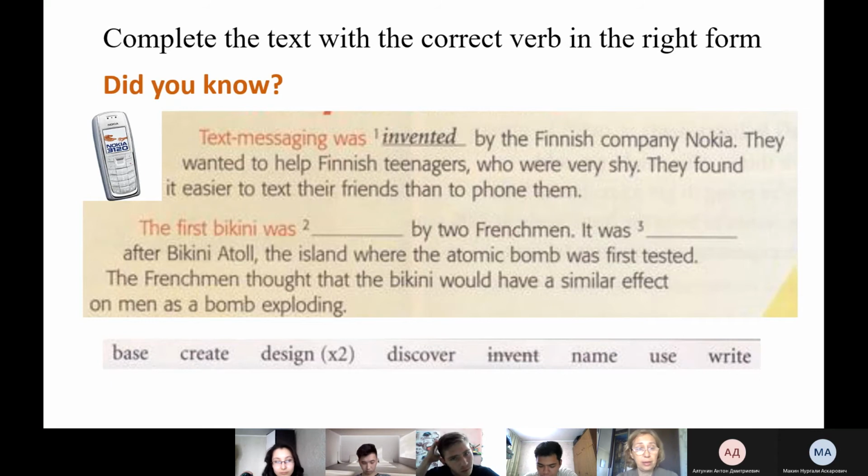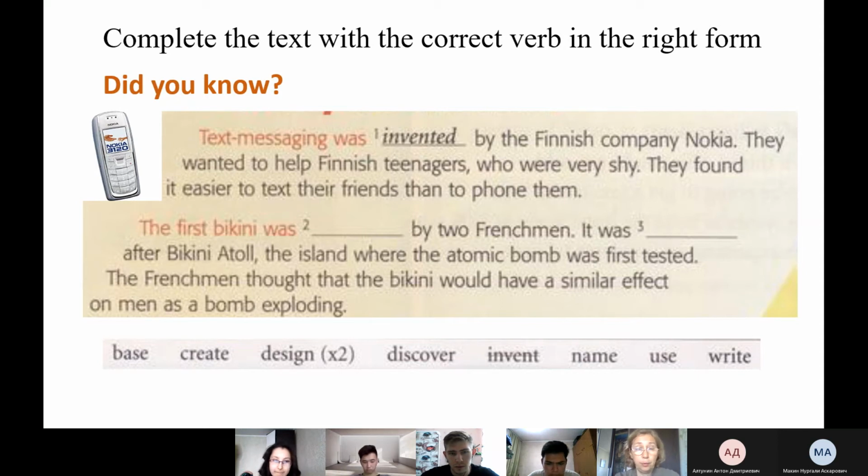Okay, so the second part, let us listen to Ilham. The first bikini was designed, наверное, да? Designed by two Frenchmen. It was named after bikini.